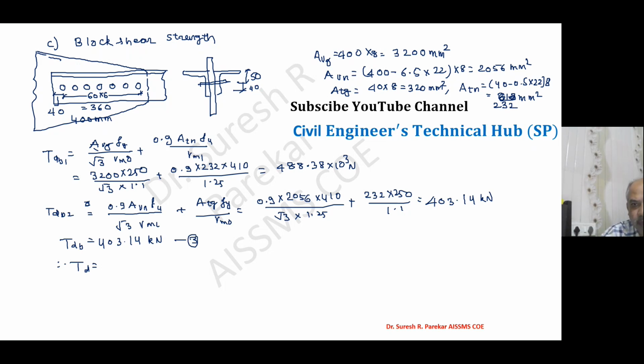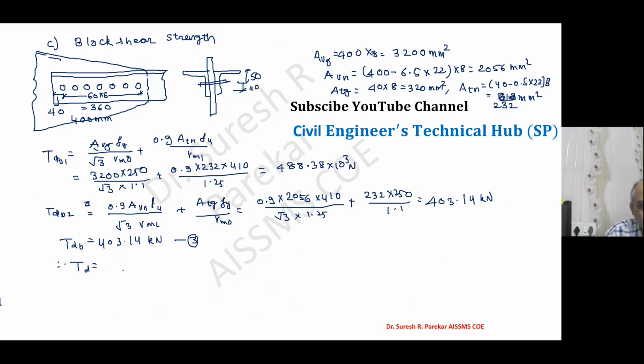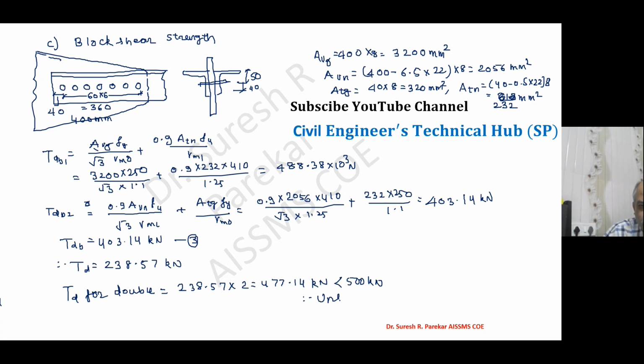So whatever value we have, 238.57 TDN, 238.57 for single angle, then TD for double angle is 238.57 into 2, 477.14 kilonewtons, which is less than 500 kilonewton, therefore unsafe.